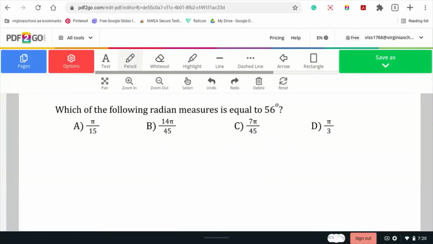Here we have a question from the EmSAT. It says, which of the following radian measures is equal to 56 degrees? So here we need to change 56 degrees to radians.